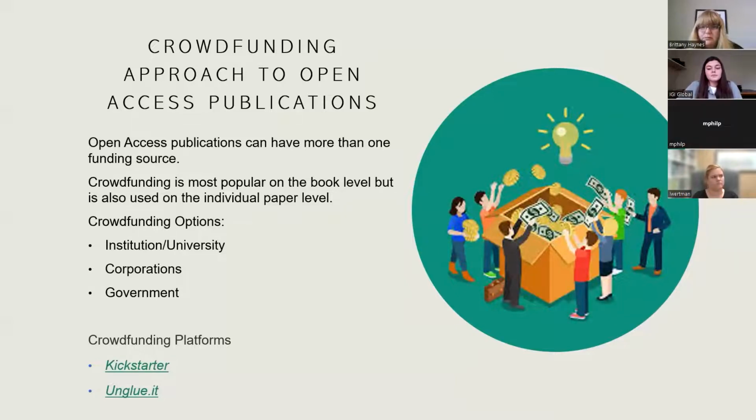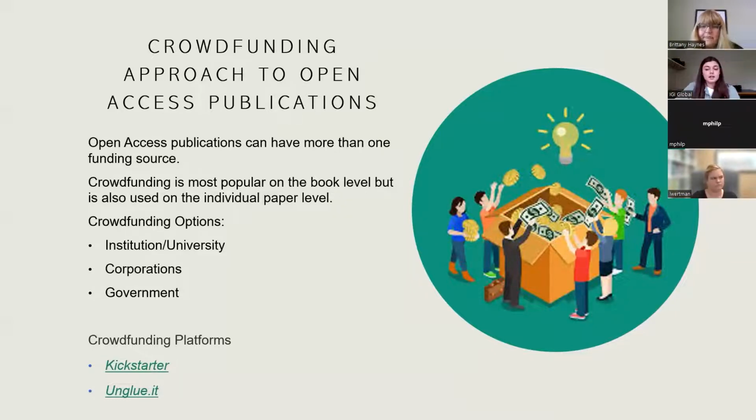Another example, a special issue guest editor may propose a special issue for a gold open access journal. In most cases, the individual authors of each of those articles would be responsible for the article processing charge, the APC, of the respective work.